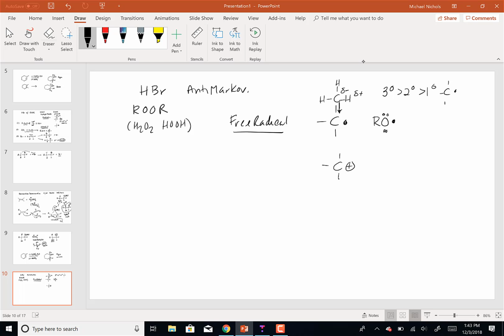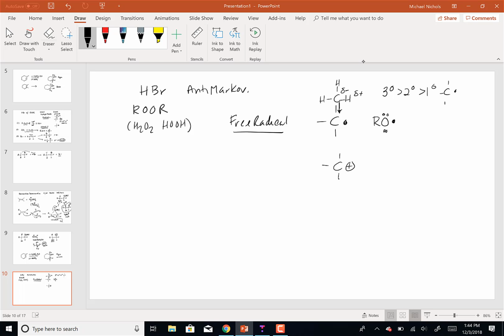The difference between radicals and carbocations is I can legitimately draw a primary radical. Primary radicals exist. Whereas primary carbocations won't exist until next semester. And why? Because I'm starting with 7 electrons instead of 6, so I'm closer to 8. Okay. So that's something we have to keep in mind.